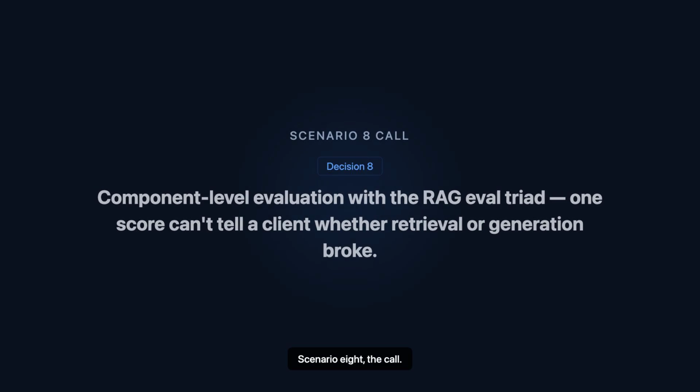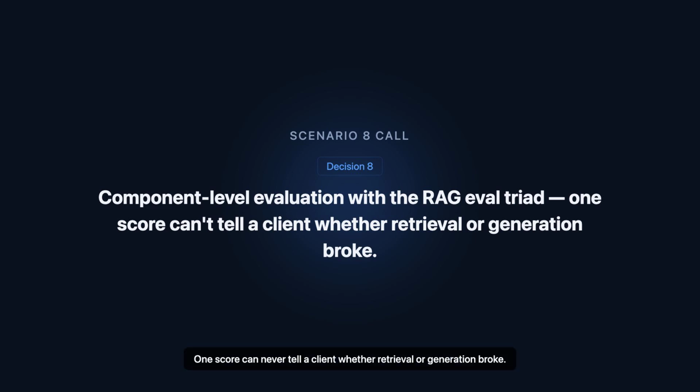Scenario 8. The call. Component-level evaluation with the RAG triad. One score can never tell a client whether retrieval or generation broke. Data Dino's diagnostic split in episode 18, 94% groundedness, 76% sufficiency, pointed straight at retrieval recall as the real problem. That diagnosis is only possible if you score the legs separately.